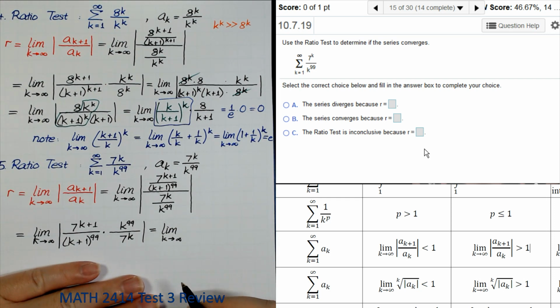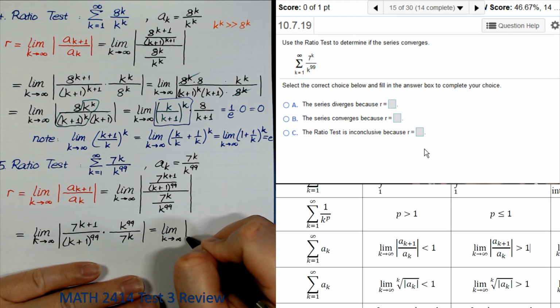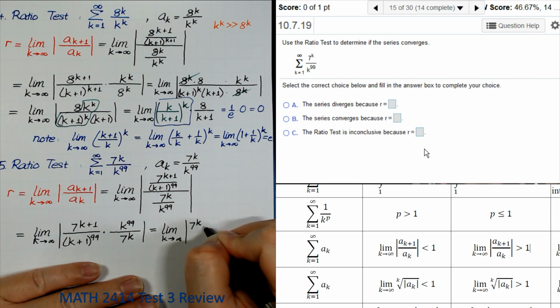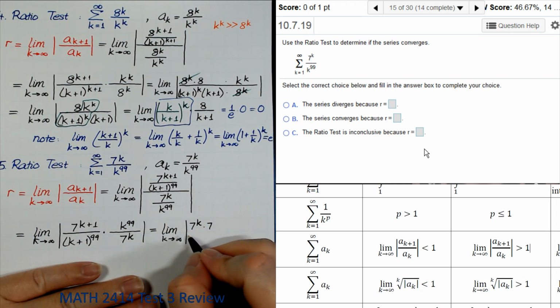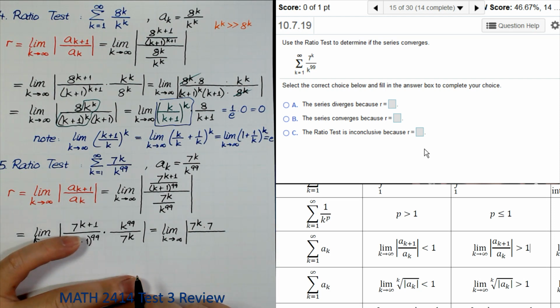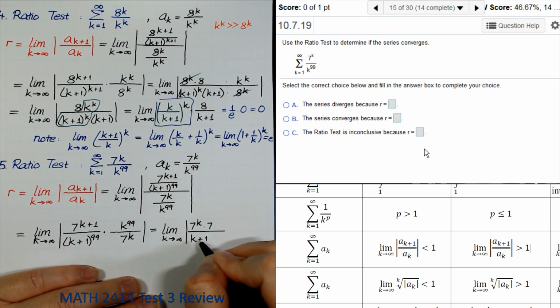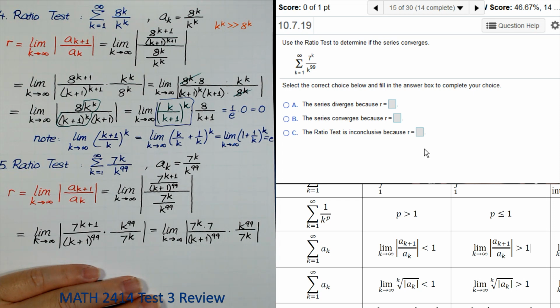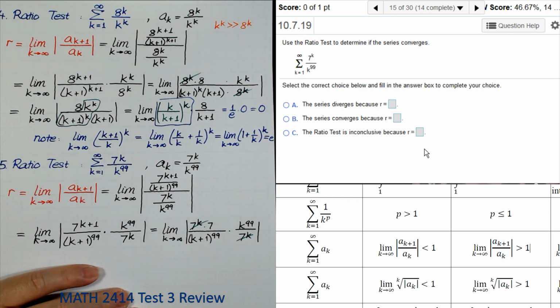Now let's split. Seven to the k times 7 gives 7 to the k plus 1. The bottom, this cannot really do anything. Cancel that out.